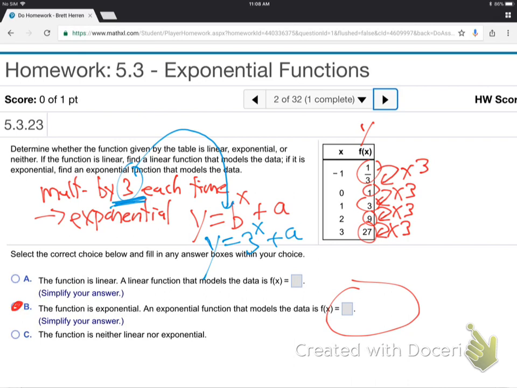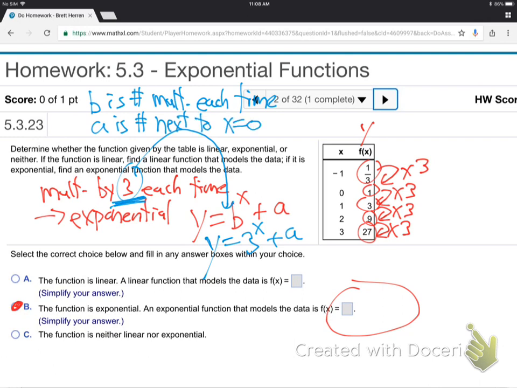Whatever the number you're multiplying by each time, that's your base. This would be a good thing to put on your 3x5 card for the exam. What is it, week after next on Tuesday, is to put this down. So the number you're multiplying by every time is the base. Okay, so how do we find the A now? B is the number multiplied each time, and the a is the number next to x equals 0.